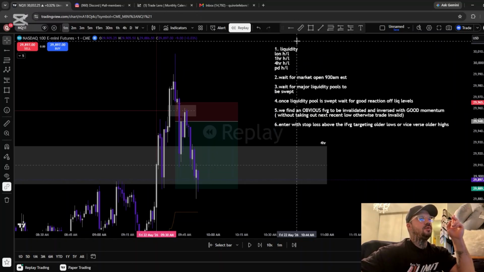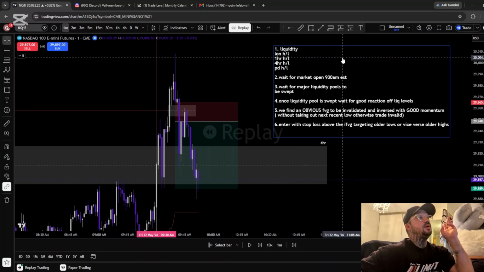Why? Because probability is less likely to hit in pre-market unless you have super high conviction. Number three, wait for major liquidity pools to be swept. Number 4, once liquidity pool is swept, wait for good reaction off of the liquidity levels.